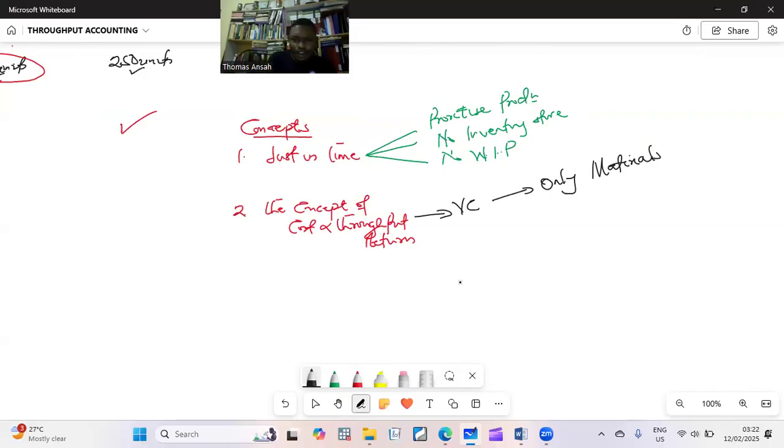However, all other things apart from materials are fixed. All other costs, including labor, are fixed.